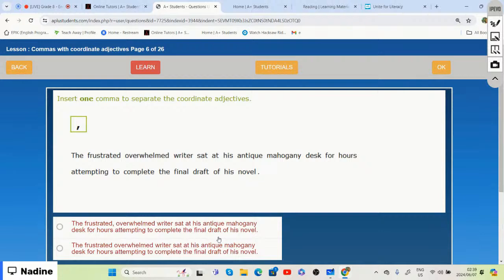So we need to insert one comma to separate the coordinate adjective. It says the frustrated overwhelmed writer sat at his antique mahogany desk for hours attempting to complete the final draft of the novel.